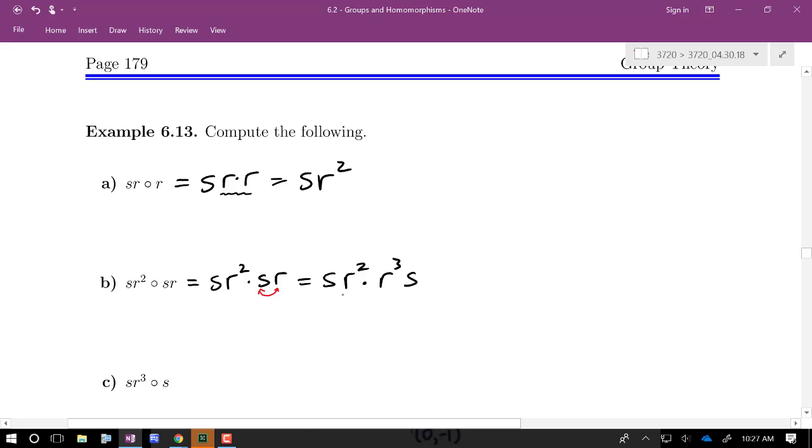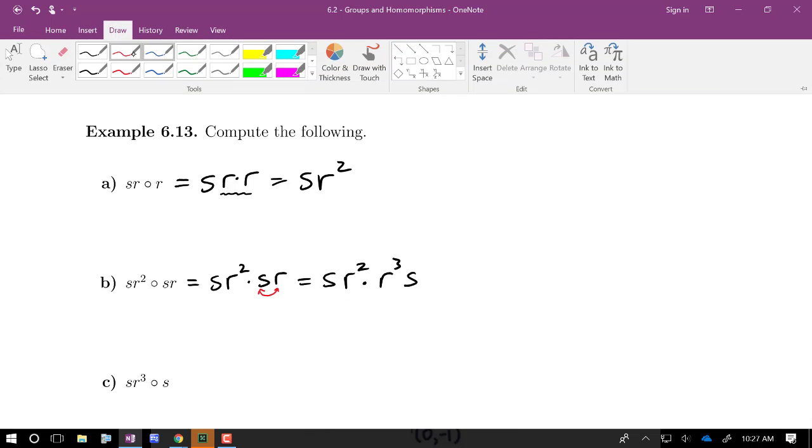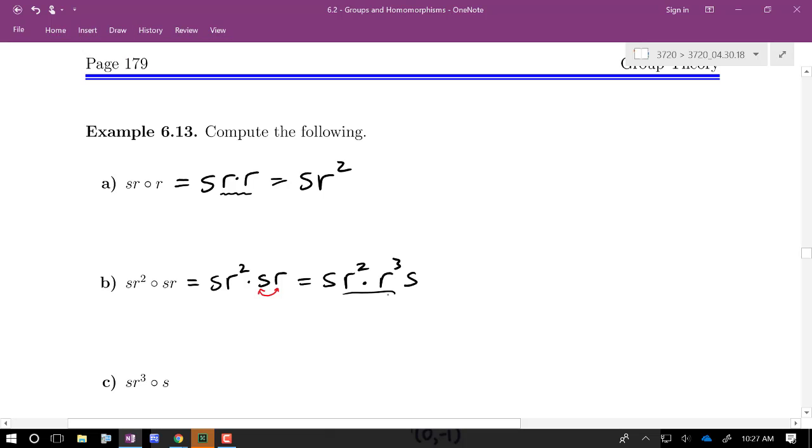And R squared times R cubed, what should that give us? Guesses are fine, even if we don't have the final answer yet. But what would it look like?